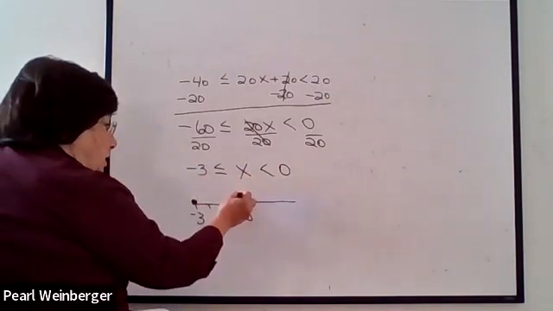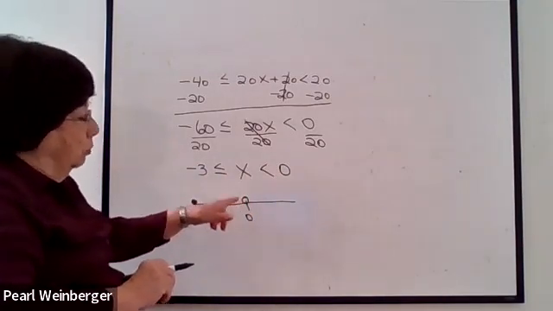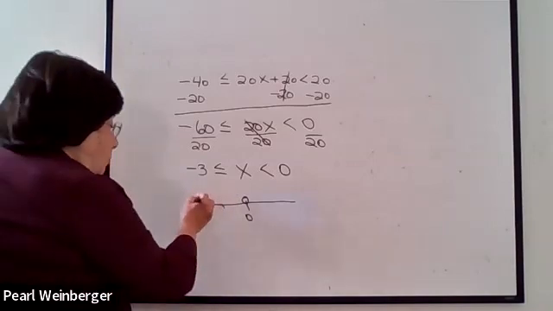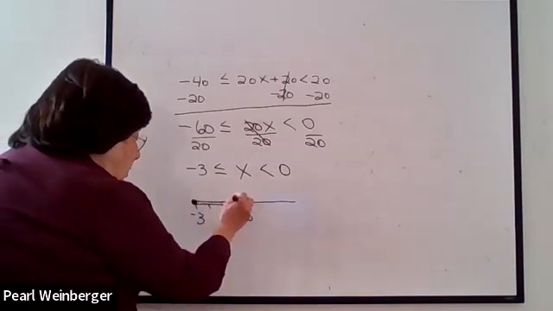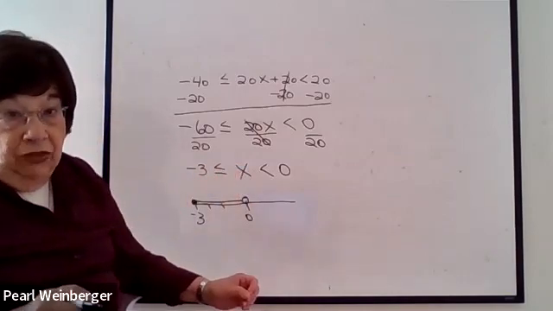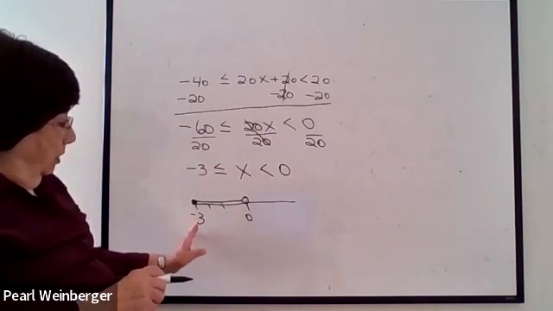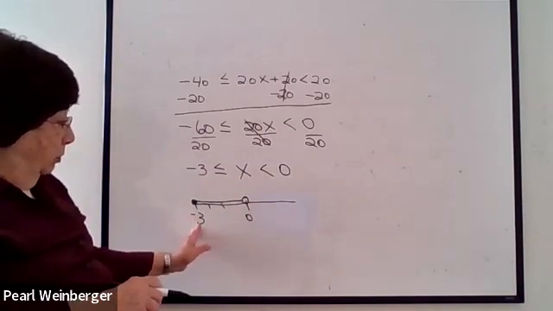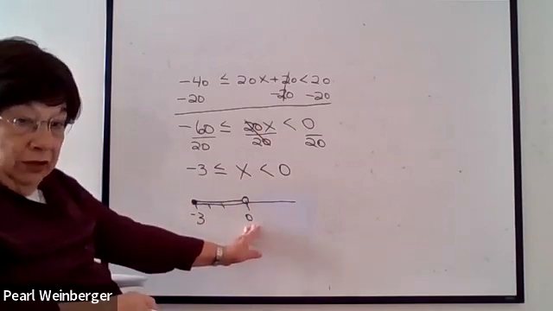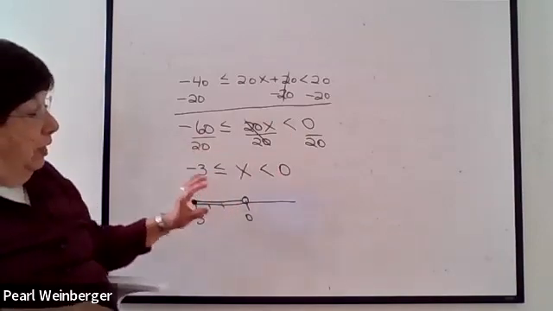This is just less than, so it's open. And then we join. By the way, if you were doing this on Delta Math, what you would do is click on negative 3, drag it until you got to 0 and click there so that it would stop, because you don't want it going on all the way.